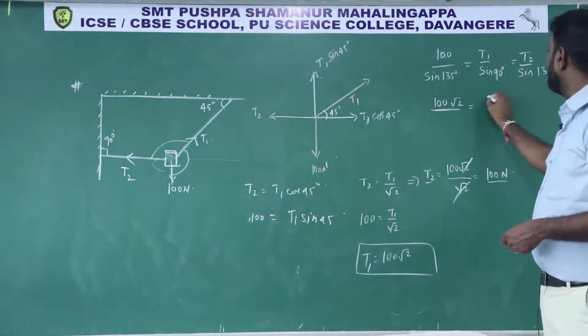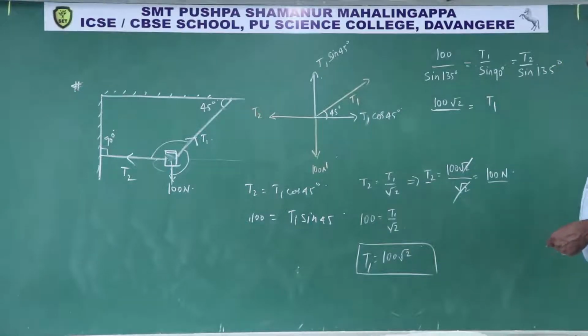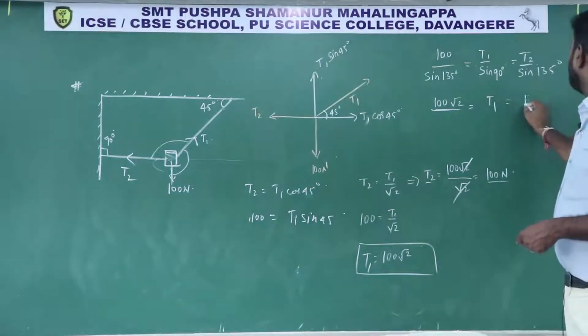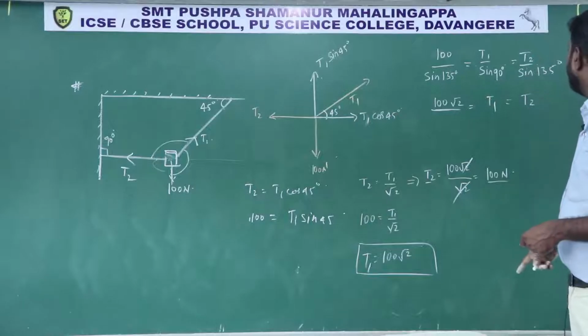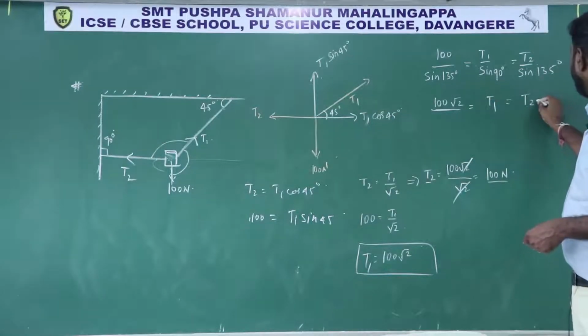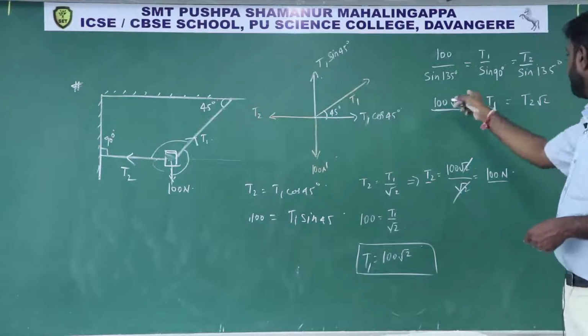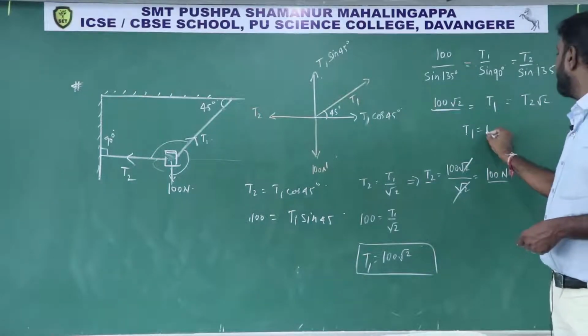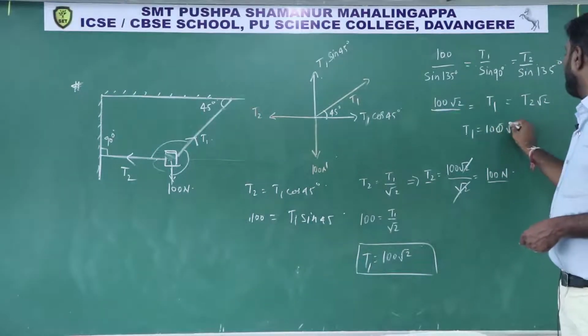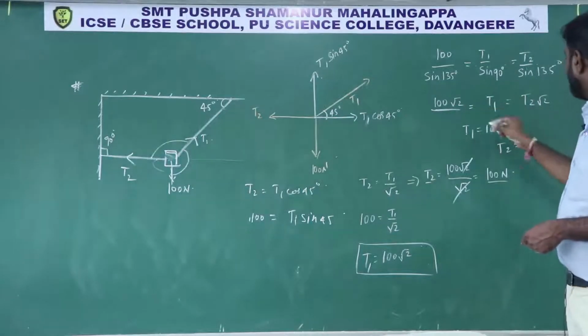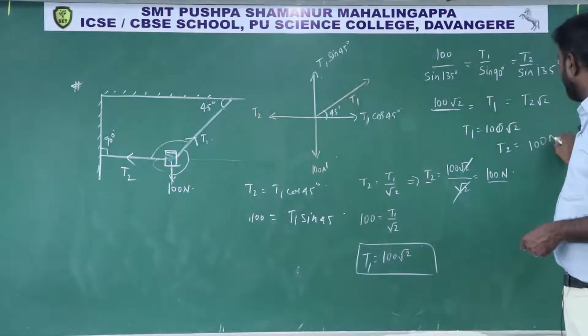This also equals T1, and this equals T2 by sine 135, which is again 1 by root 2. From this expression you can write T1 as 100 root 2, isn't it? And T2, the root 2 will get cancelled, and you will get 100 Newton.